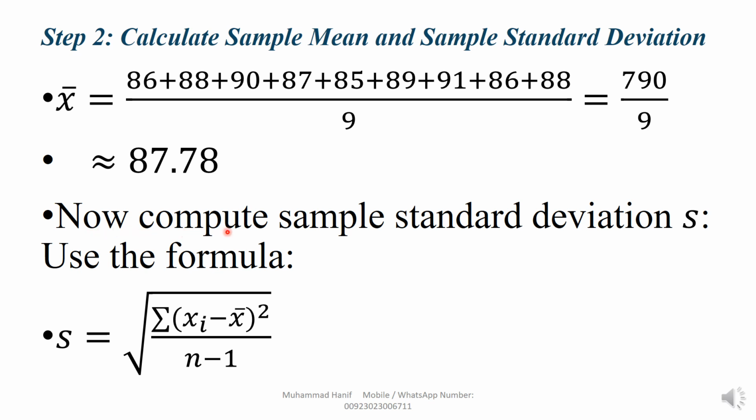Now compute the sample standard deviation. The formula is s equals the square root of the summation of (xi minus mean of x) whole squared, divided by n minus 1.